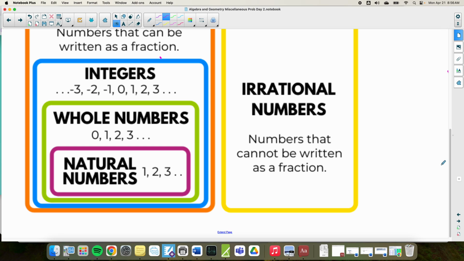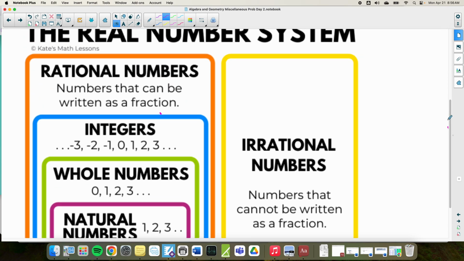It doesn't include 0. Now, other things that can be rational numbers is anything that can be written as a fraction. Can this be written as a fraction? 2/3, right?